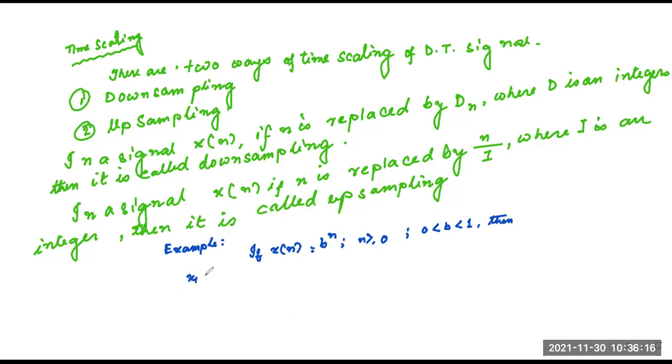x1[n] equals x[2n] will be a downsampled version of x[n].